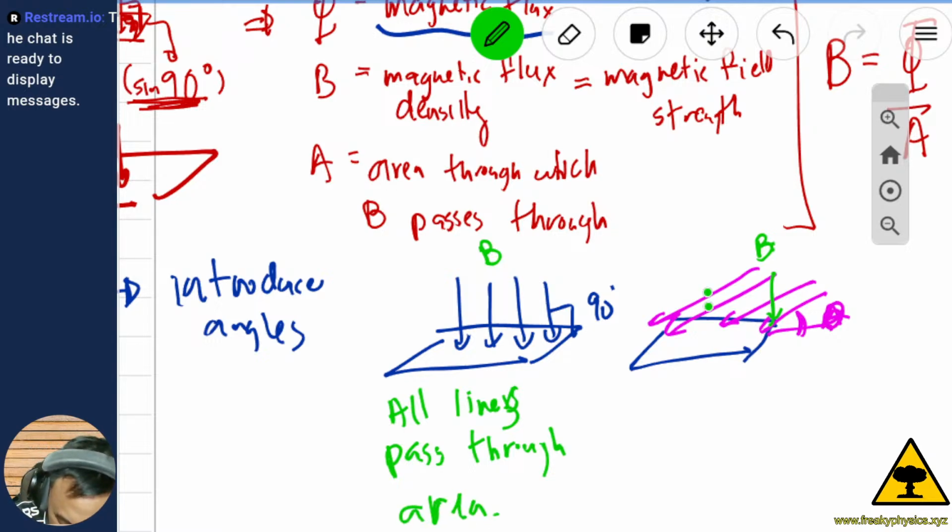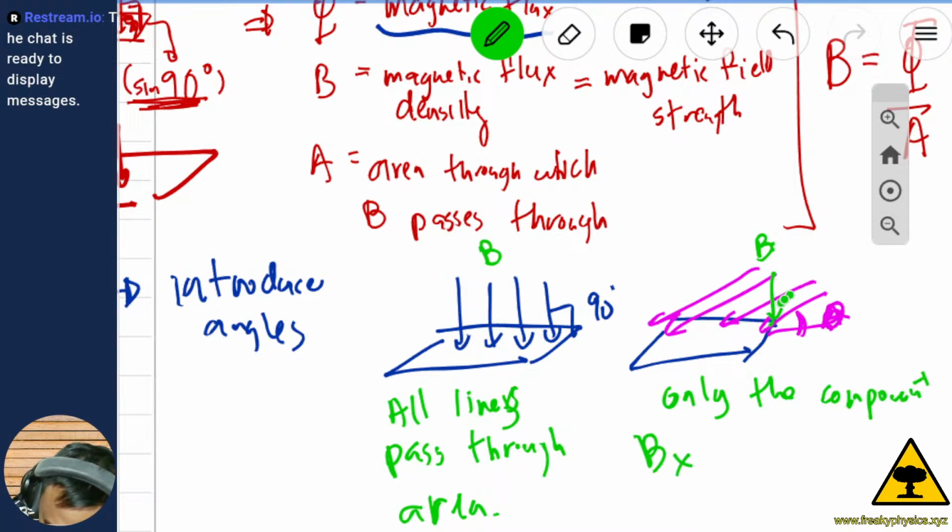Now here on this second part, only the component Bx, By rather. So this is going to be By this way, and there's a component Bx going this way, right?